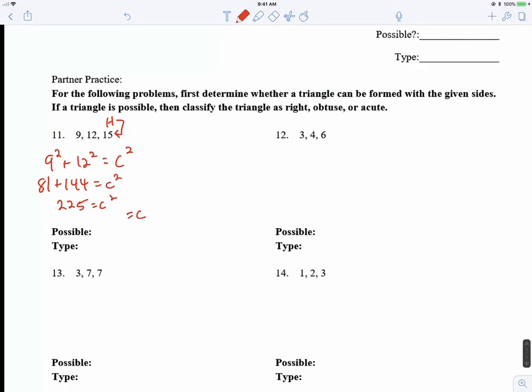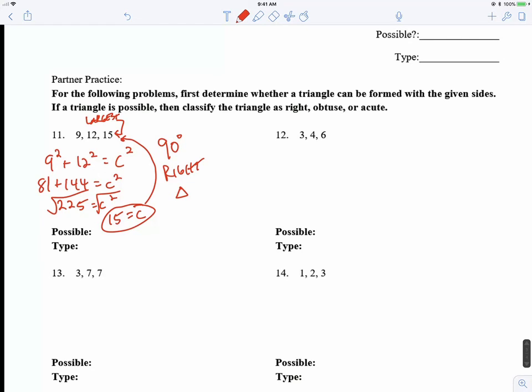I square root both sides, and c is equal to 15. So with those legs, my hypotenuse is 15. Now I compare the largest side. I shouldn't have called this the hypotenuse to start; it's the largest side. Is it in fact the hypotenuse? Yes, because it's equal to the hypotenuse when I do the Pythagorean theorem. So in this case, the angle opposite is 90 degrees. That makes it a right triangle.